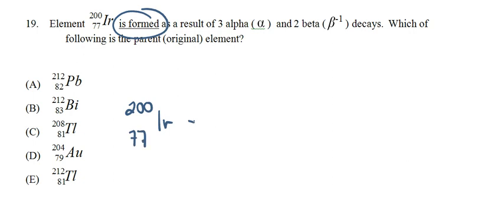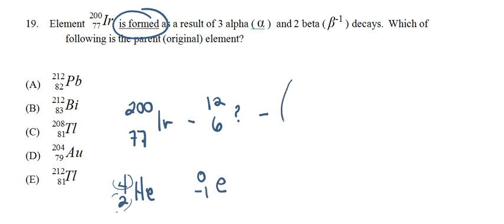An alpha particle is a helium atom with a mass of 4 and 2 protons. Since I have 3, I'm going to put a 12 and a 6 there. A beta is an electron, so I'm going to have 0 and -2.